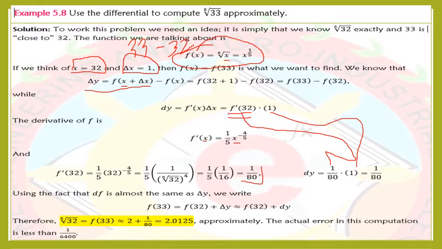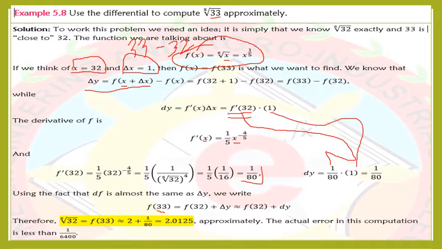Using the fact that df is almost the same as dy. Okay. We write f of 33, rather, kasi di ba ito yung given natin na number. Okay. f of 33 is equal to f of 32 plus delta y, which is approximately f of 32 plus dy.